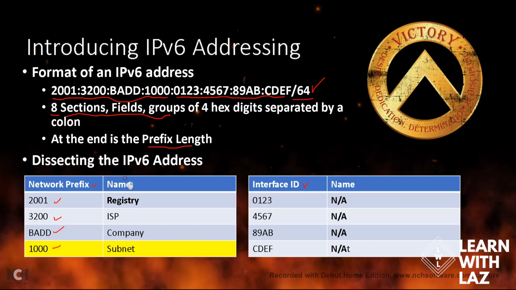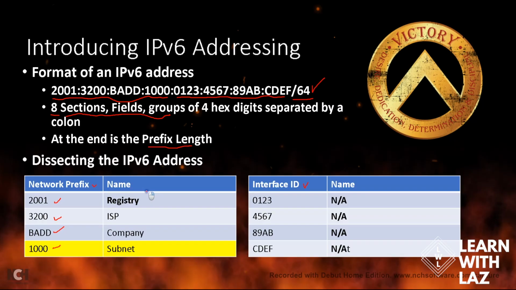And that's why I said here, dissecting it. What I'm saying is, okay, let's take the network prefix. The first field, section, whatever group, the 2001 is your registry, the IANA. I always get confused. The registry has the IP addresses, and they said, okay, this is a public address, and we're going to give you this public address.